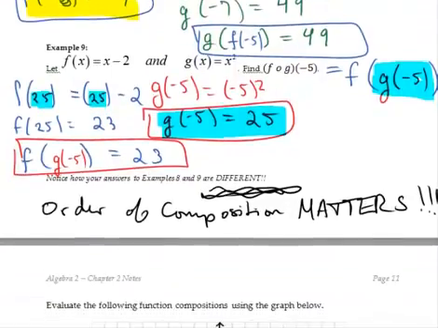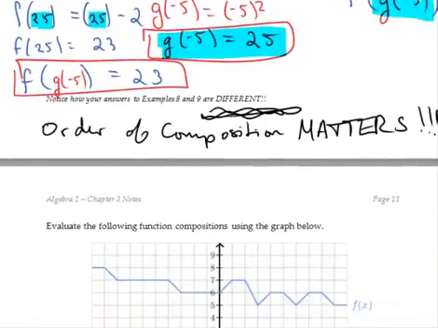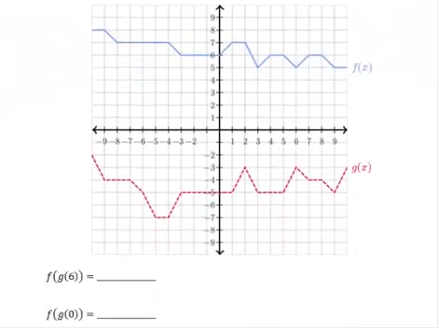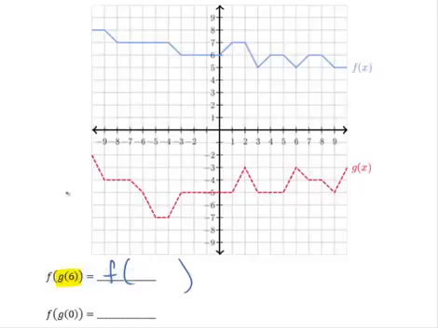Let's look at a graphical example. So here's that same graph you saw in your last lesson, but now we're going to use it a little differently. We're going to use it for composition. So first, we're going to find the inputs here. So we need to say f of, and what is g of 6?